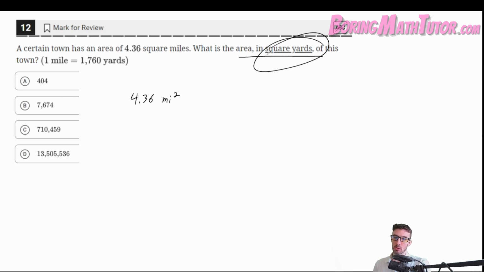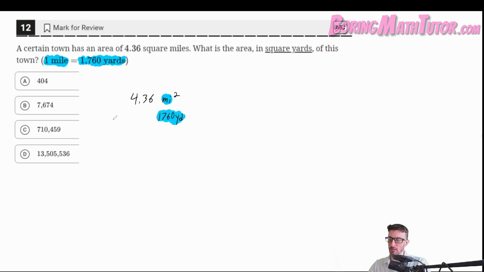All right, this one is telling us that we have an area in square miles, but then they want us to change that to square yards. But they're being kind of nice here where they're telling us that 1 mile is the same thing as 1760 yards. So what I'm going to do is swap out that 1 mile for 1760 yards, but I still have the square right there.